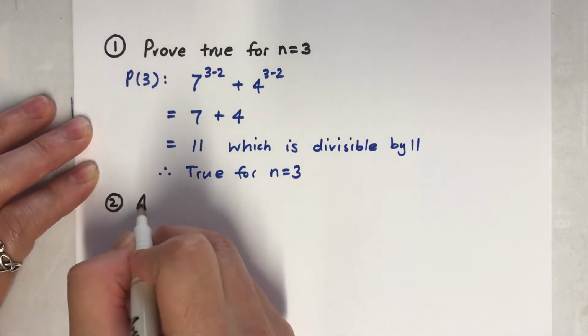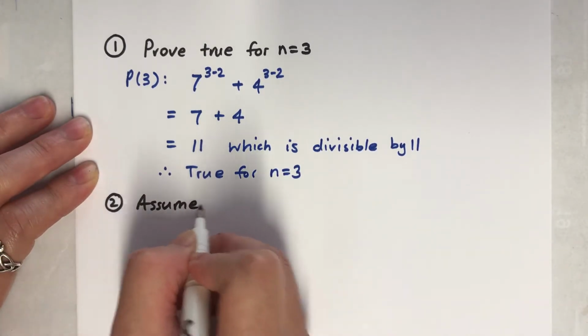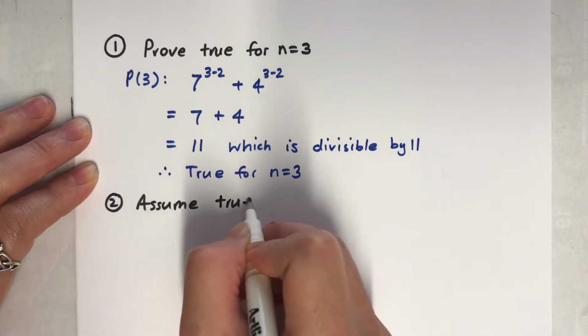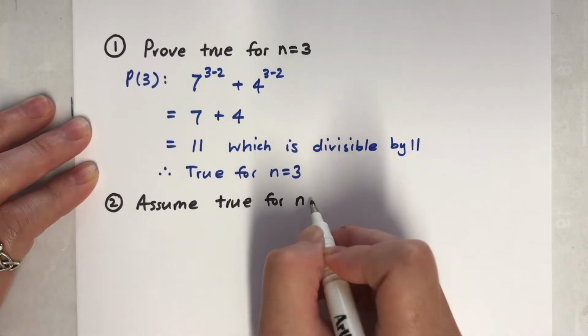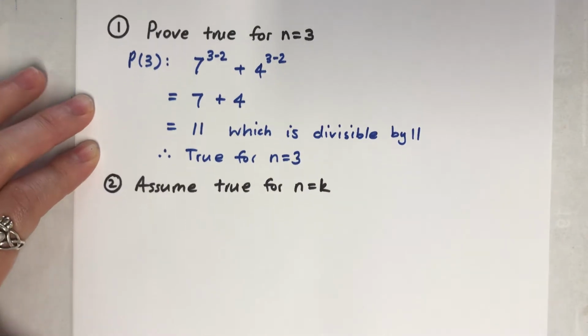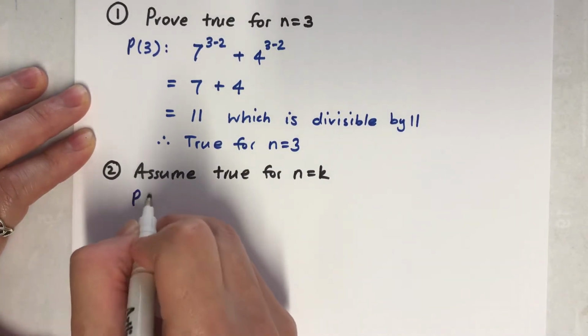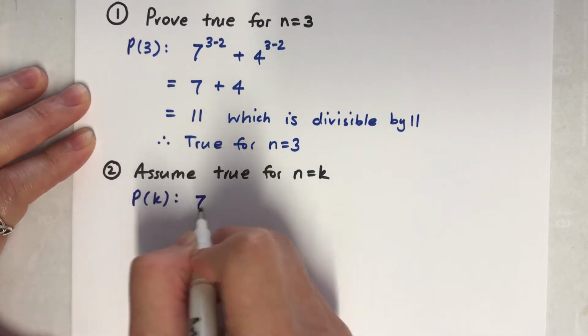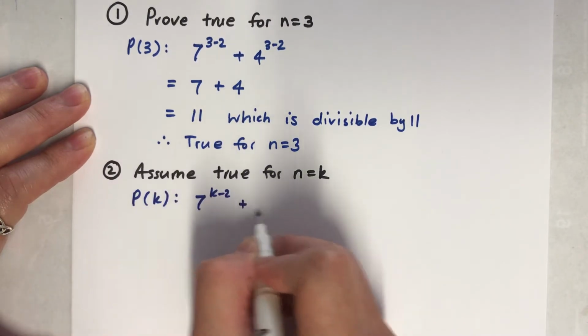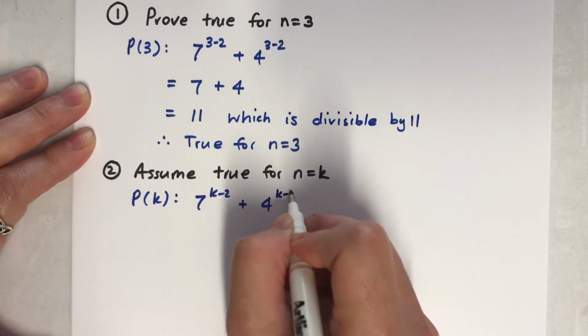Step 2, assume true for n equals k, and then we'll just have to put k instead of n, that's all. 7 to the power of k minus 2 plus 4 to the power of k minus 2.